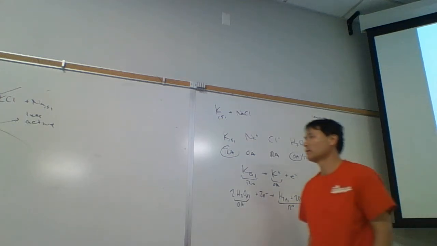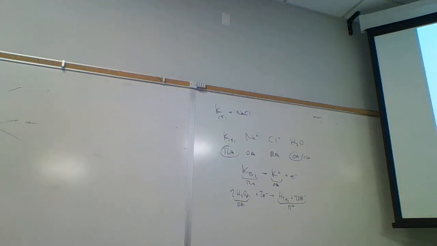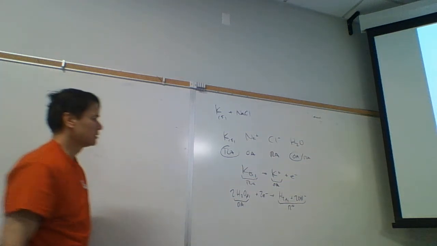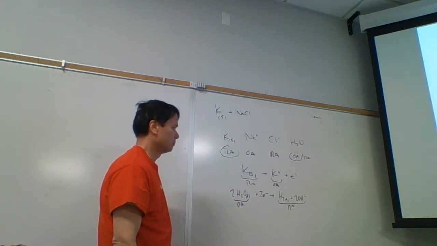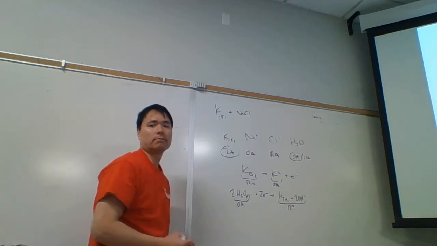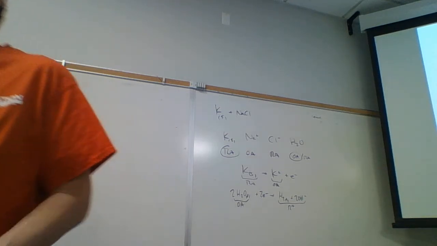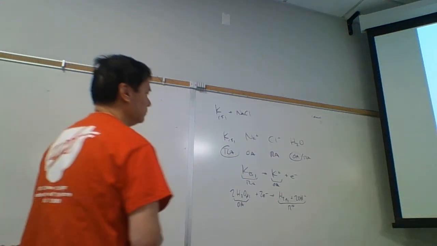Okay, what's the next step? Balance the number of electrons. Yes, so what do we need to do to get it balanced? We need to multiply it by 2.